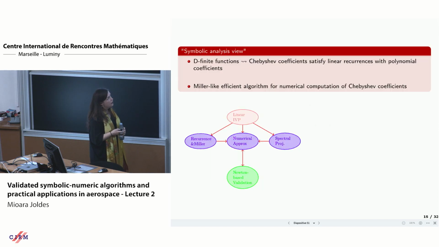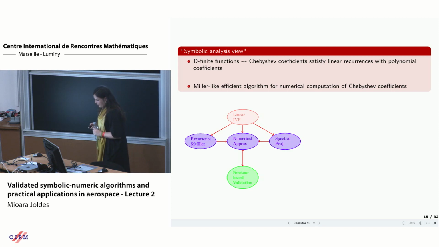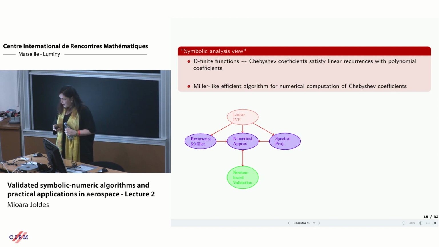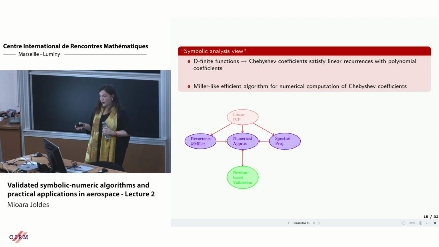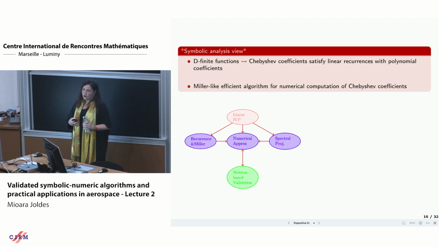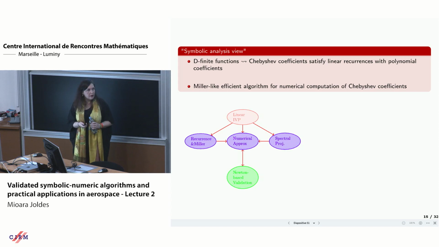But there are other algorithms that come more from the numerical community that make use of sparse and of structured matrices in order to obtain a similar complexity. So this is one that I want to talk about.